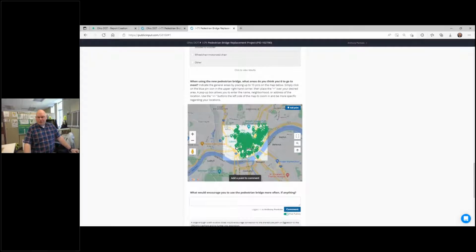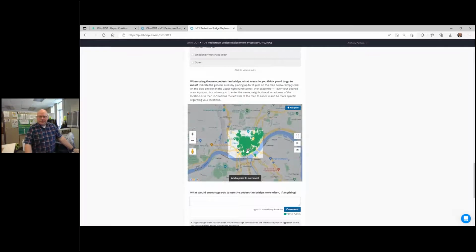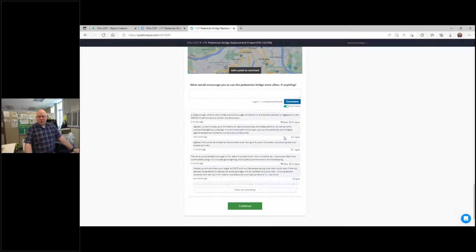This is a new feature we did on our website. We allow people to put pins at the locations they go when they're using the bridge, because that gives us good information to interpret the data better. Also, we did make sure that our comments were available for the public to read. You can have these comments turned off so it's private.